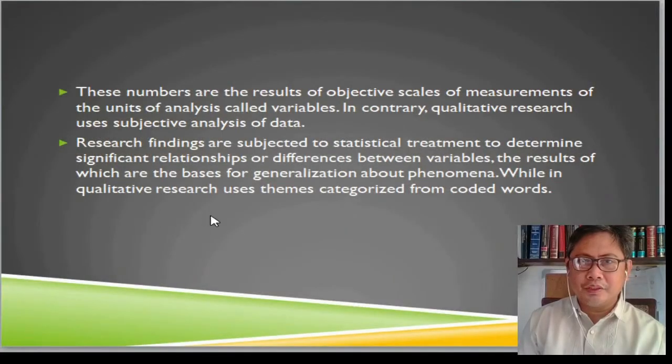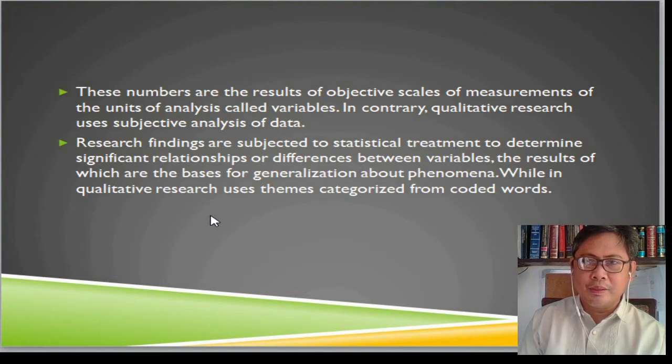Research findings are subjected to statistical treatment to determine significant relationships or differences between variables, the results of which are the basis for generalization about the phenomena. While in qualitative research, as we discussed last year, we use themes categorized from coded words. That's why qualitative research is known as a thematic design.